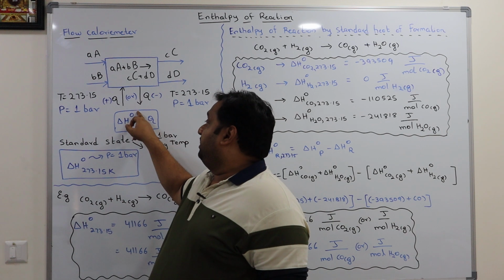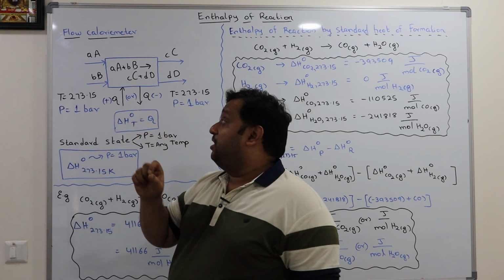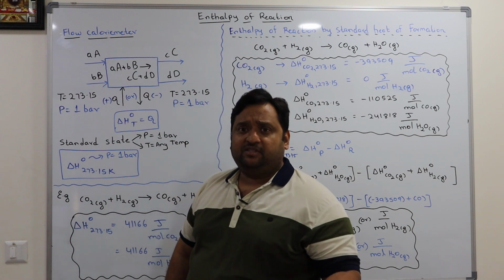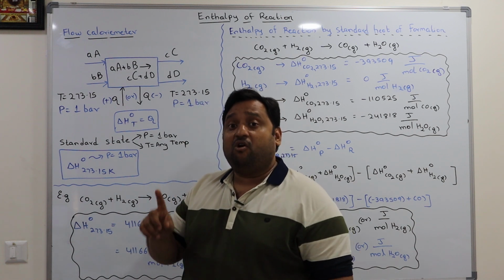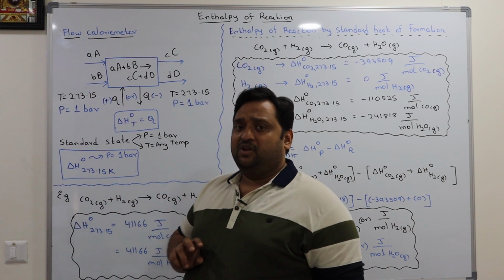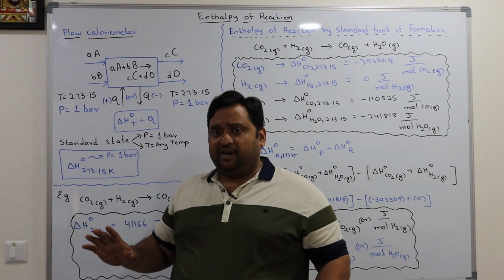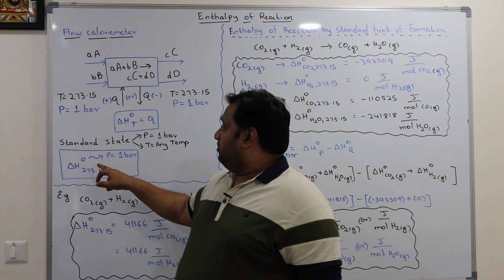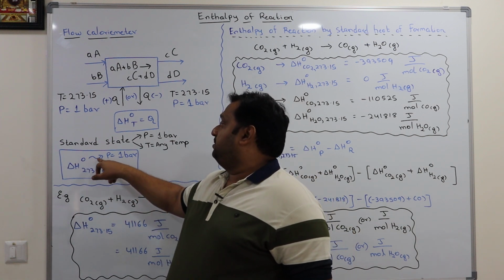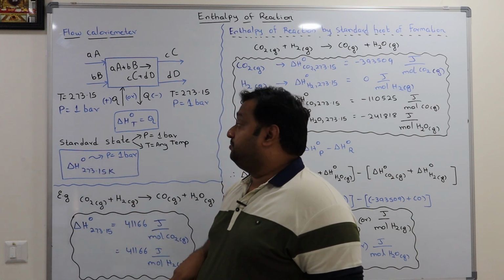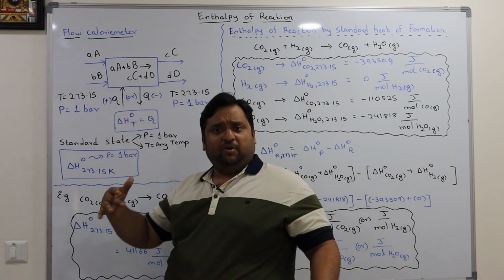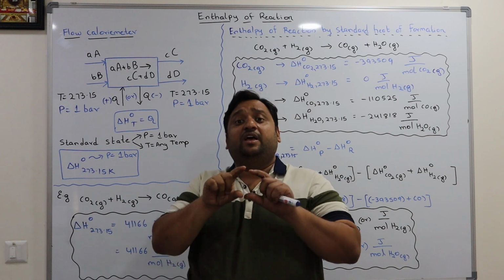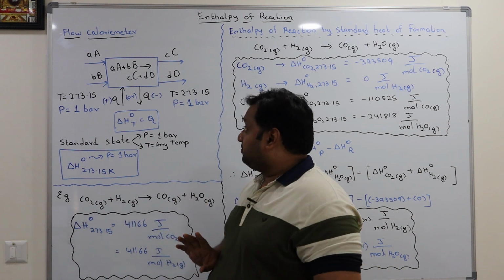So the degree always represents that you have conducted the reaction at 1 bar. As I told you, enthalpy is a very strong function of temperature, not of pressure. So it doesn't matter what pressure you are dealing with; temperature is more of a concern here. So this is the flow calorimeter. People conduct the reactions and get the value of the enthalpy of a reaction.